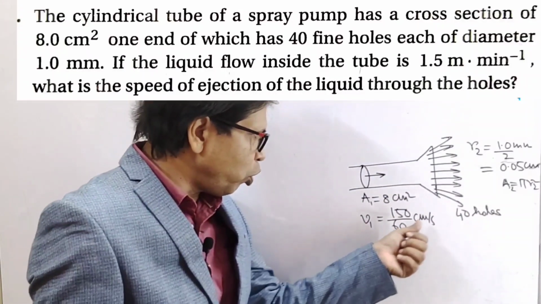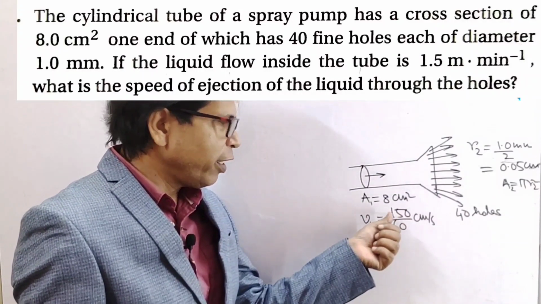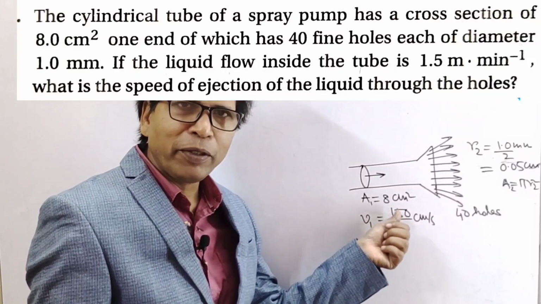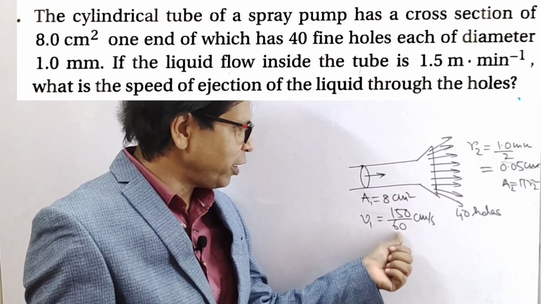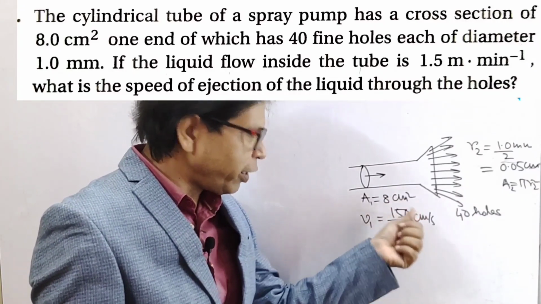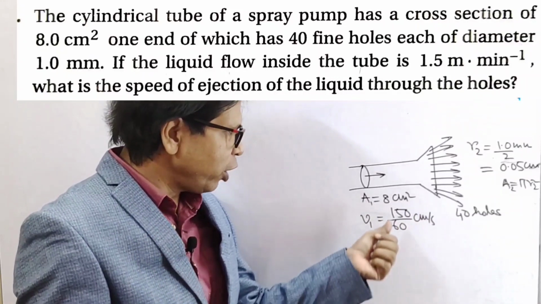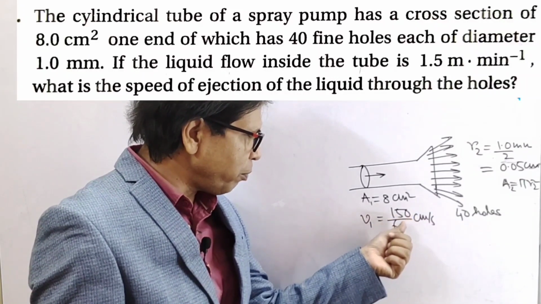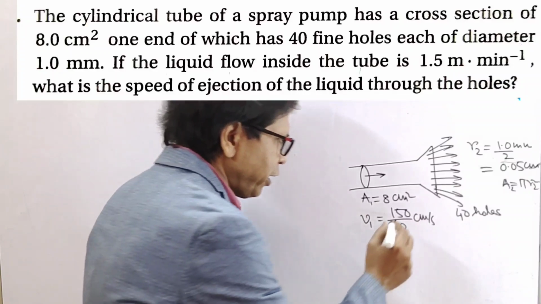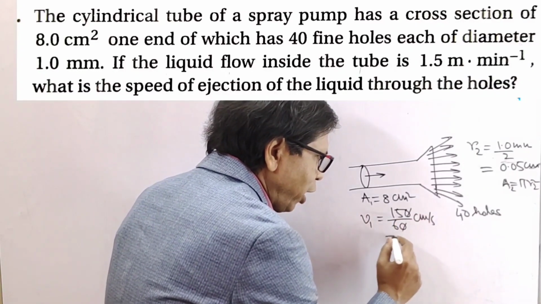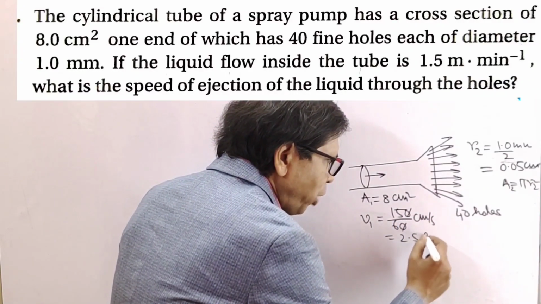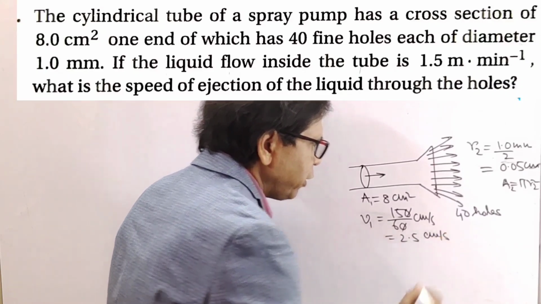Here the velocity of flow in the pipe is given, 1.5 meter per minute. It should be converted into centimeter per second. So this is 150 by 60 centimeter per second. Now this and this cancel out, so this is 2.5 centimeter per second.